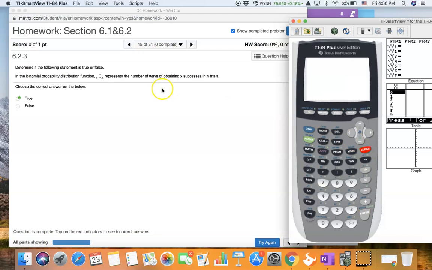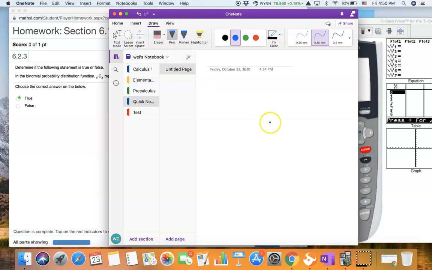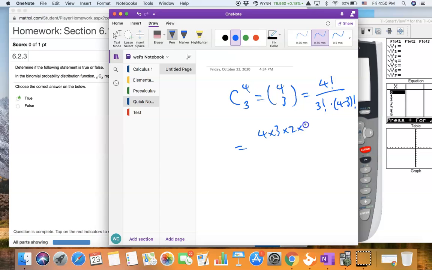So let's say we want to compute 4 choose 3. In class, we said this equals 4 factorial over 3 factorial times (4 minus 3) factorial. So that is 4 times 3 times 2 times 1 over 3 times 2 times 1 and times 1 factorial, that's 1. So the answer equals 4, right?